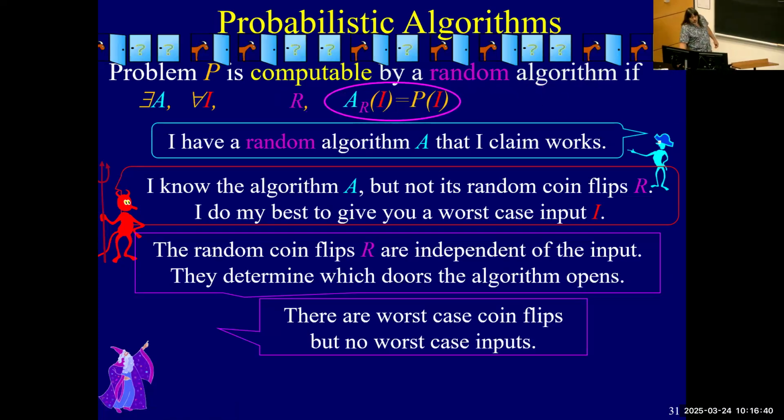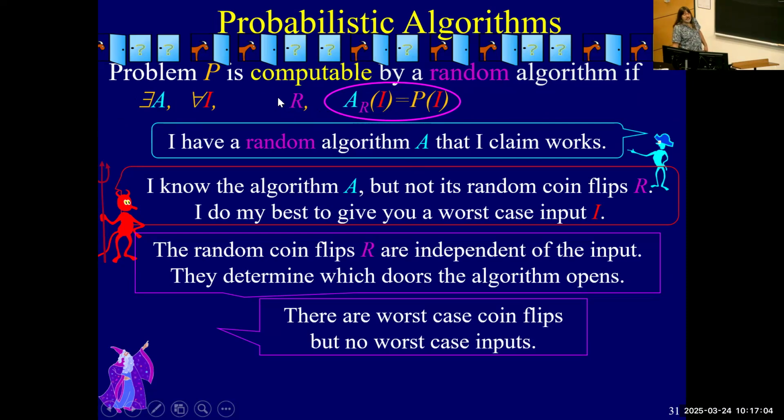Then what we want to test is, with the given coin flips and given where the prizes were put, does our algorithm find a prize or not? Everybody see this? Now here we have an exists, and here we have a for all.